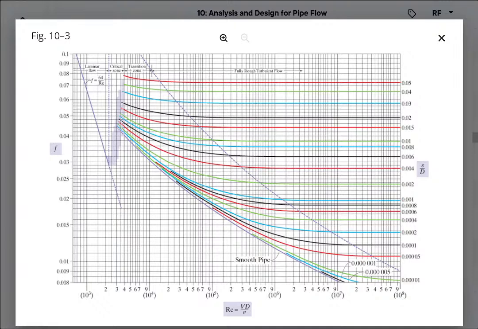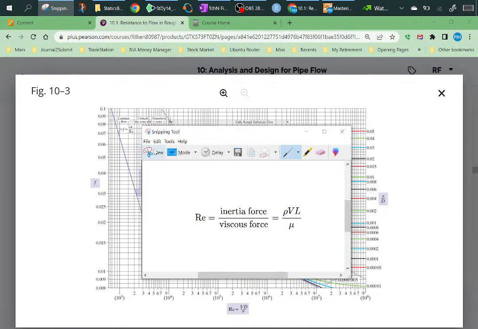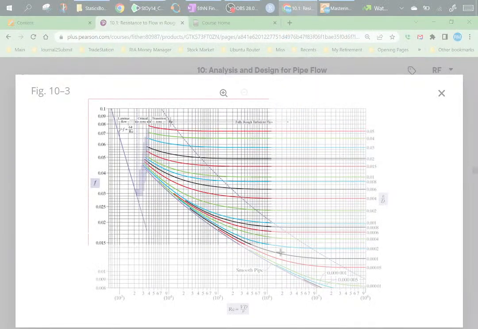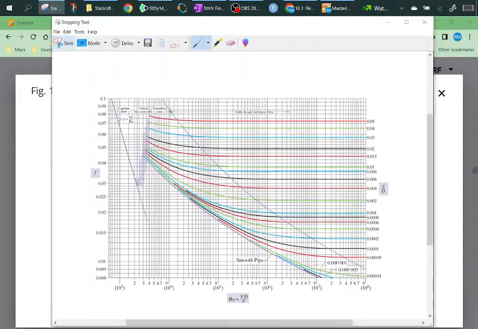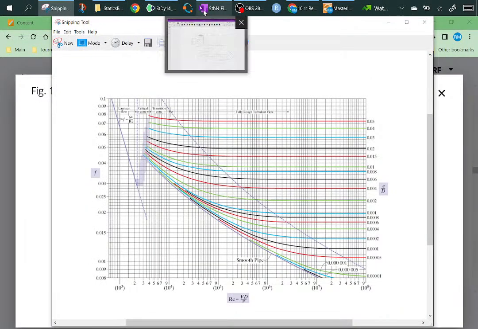Is it that? I'm trying to snip the screen. I forgot how you do that. But you know what? Maybe I can do it. Oh, I can do it there. Okay, so I'll snip the screen. I'll get the whole thing. So let me get back over to here.